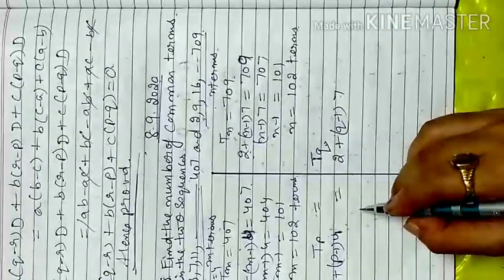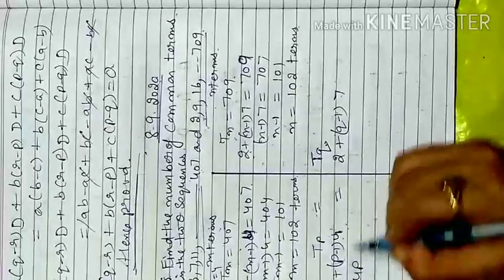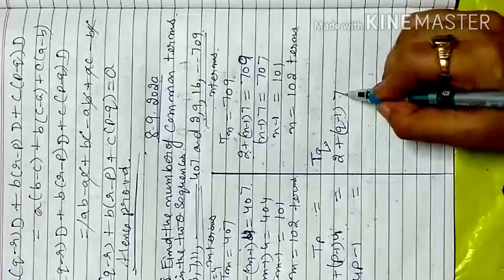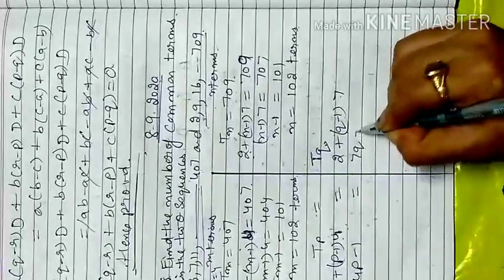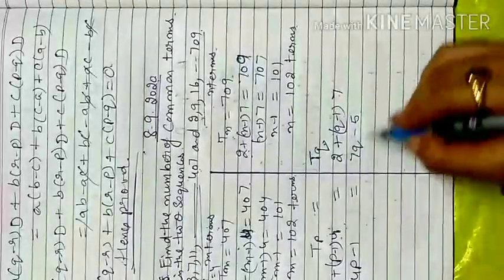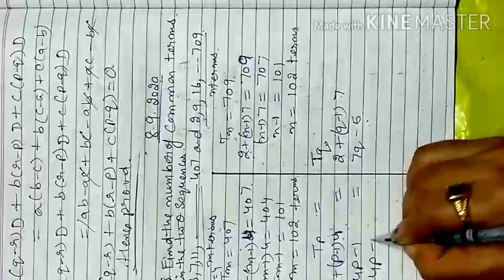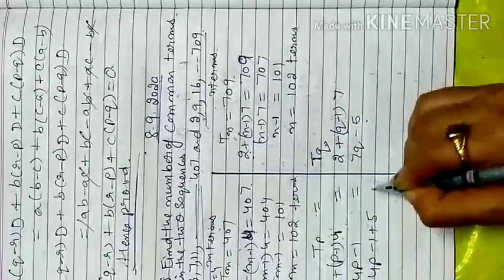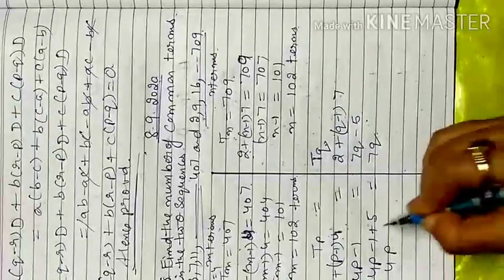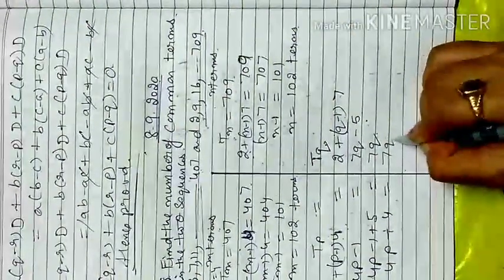So when you open this one, it gives you 4p minus 4 plus 3, which gives 4p minus 1, and here 7q minus 7 plus 2, which is 7q minus 5. Now when you equate this, the constant term shifts to the other side: 4p minus 1 plus 5 is equal to 7q, so that gives me 4p plus 4 is equal to 7q.